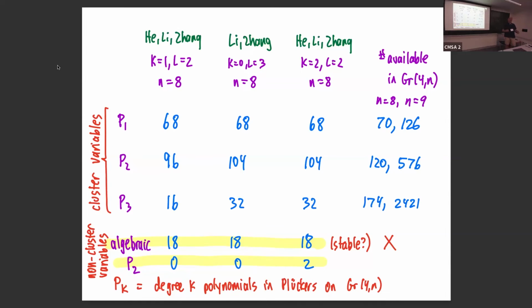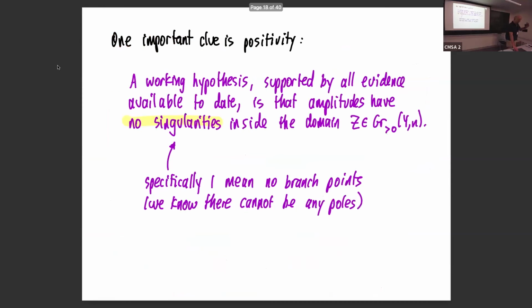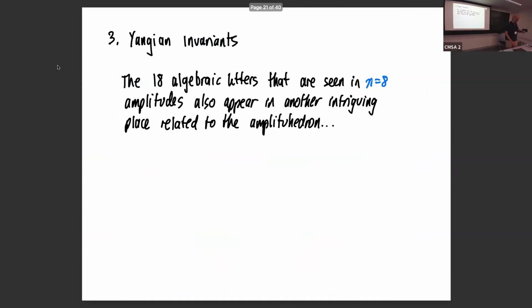There are various games you can play to get finite things out of GR48. I mentioned a couple, like modding out by cluster or Morrison group or whatever, but this is all one big long segue into part 3 of my talk. There's a very natural way in which these 18 algebraic letters appear in something that's related to the Amplituhedron.